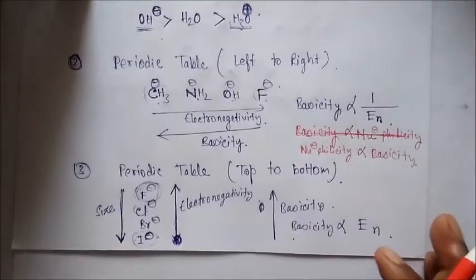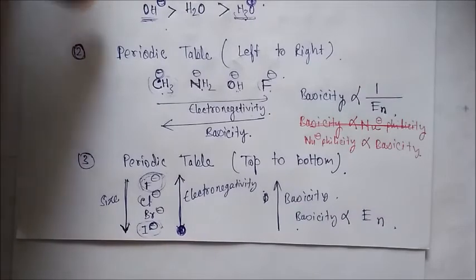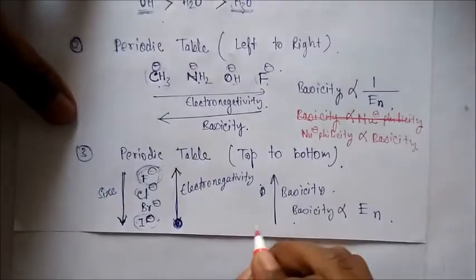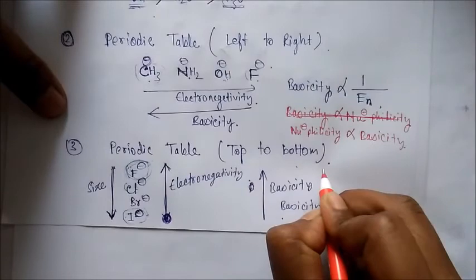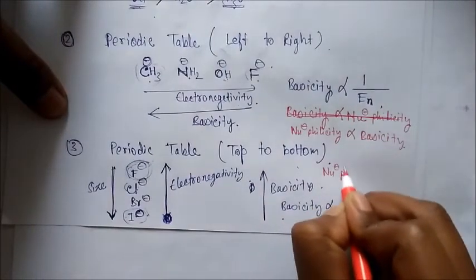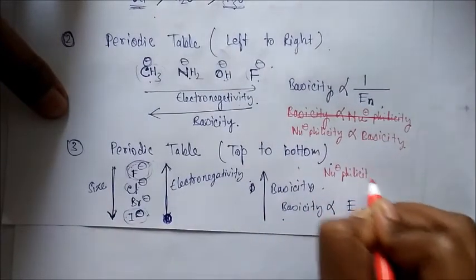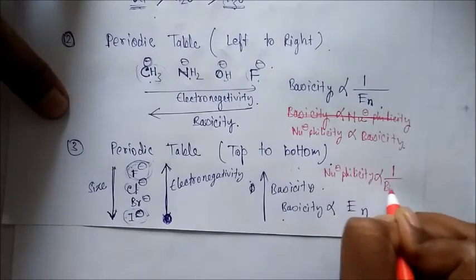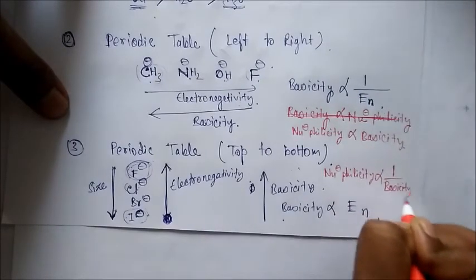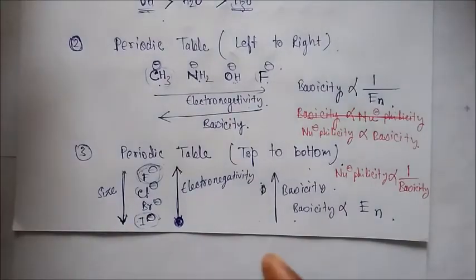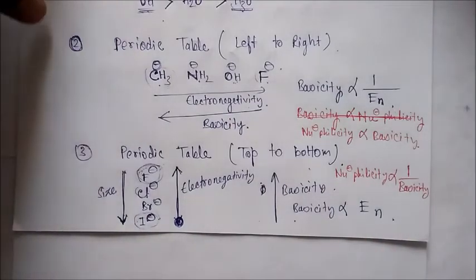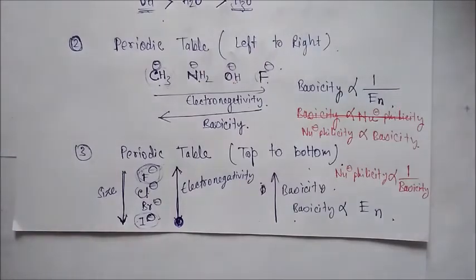If we see in the periodic table from top to bottom, what you can see is that nucleophilicity is inversely proportional to basicity. So these are the two cases you should remember: from left to right, nucleophilicity is directly proportional to basicity, and in the periodic table from top to bottom, nucleophilicity is inversely proportional to basicity.